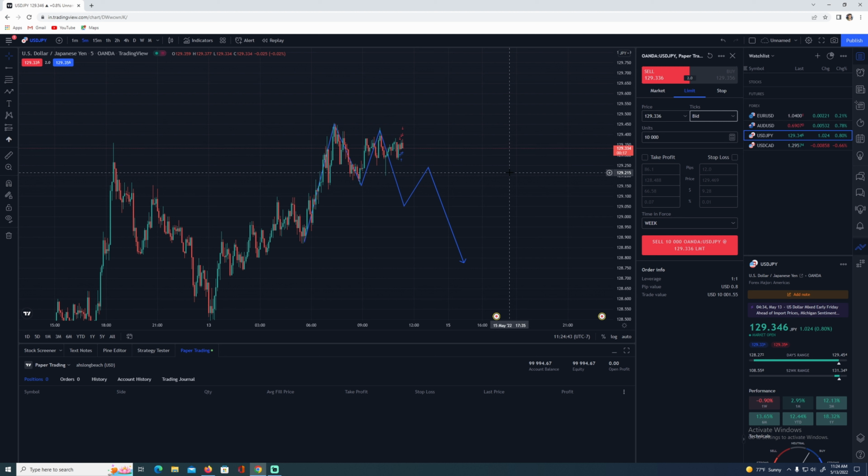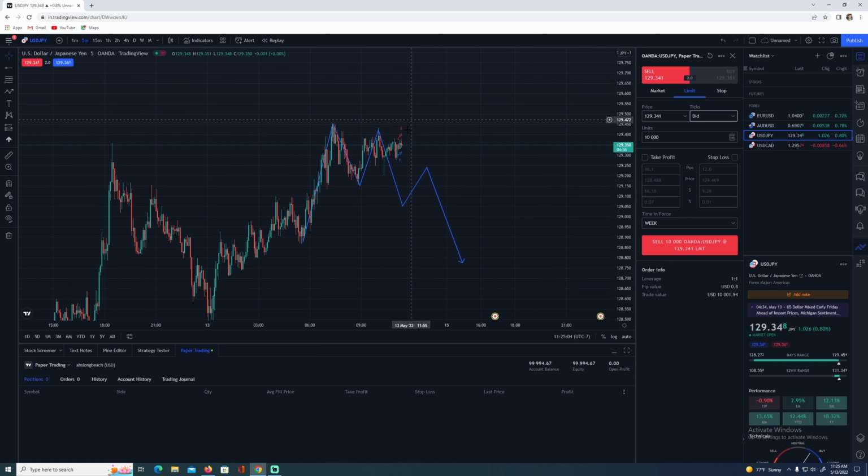Now we want to place a limit order. What is a limit order? Basically, we're saying that price is going to get to this point and then reverse. So if price is going in one direction, in this case, price is going up, but we want to sell the market.